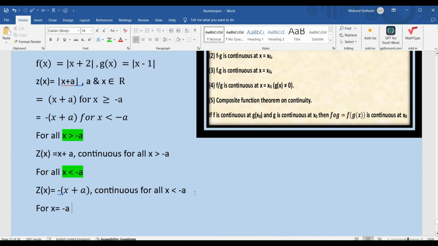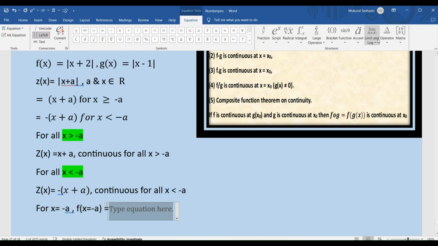For f of x to be continuous at x equals x naught, what is it? F of x naught, in this case f of minus a, should be equal to the limit, so let us pull out the limit, x tending to minus a plus, or x tending to minus a minus.